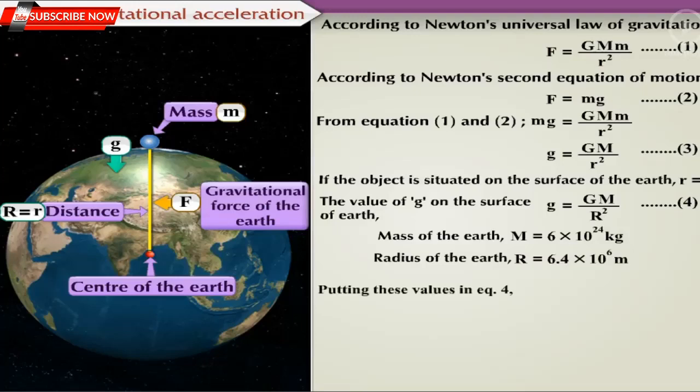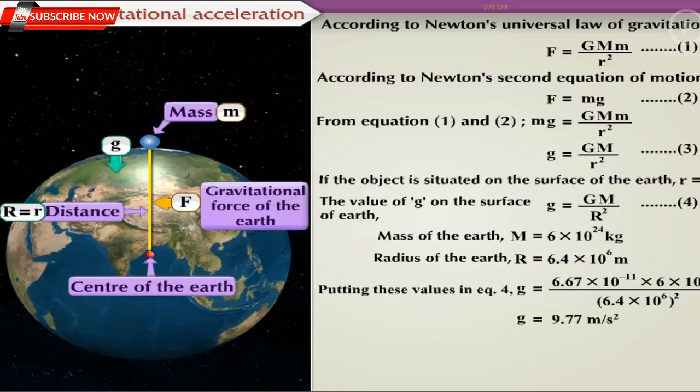Substituting all these values in equation 4, we get small g is equal to 6.67 into 10 raised to minus 11 into 6 into 10 raised to 24 upon (6.4 into 10 raised to 6) square, which is equal to 9.77 meter per second square.